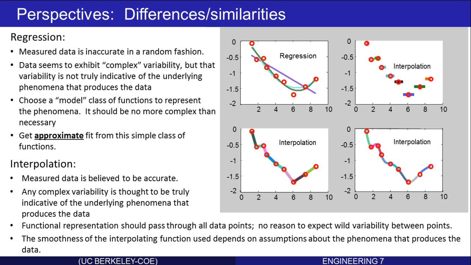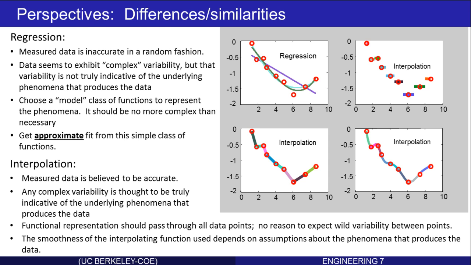Alternatively, the opposite could be true. It could be known that the phenomena is piecewise constant, and therefore the interpolating function should be chosen that way. So, any knowledge about what's producing the data should always be used in selecting the class of approximating functions.